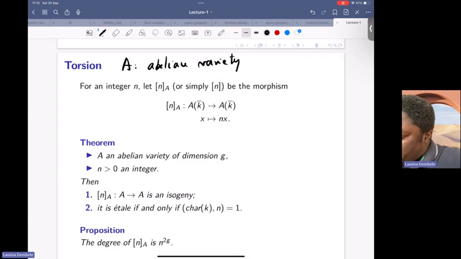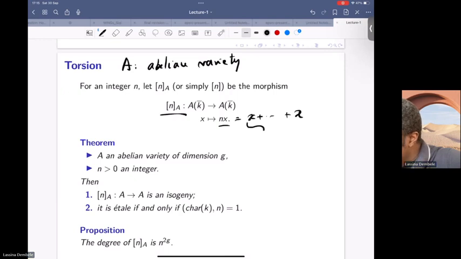And then the multiplication by n map is the map which sends x to n times x. So if we have an element, we know that we can always add that element to itself n times. And the multiplication by n map is just this map.